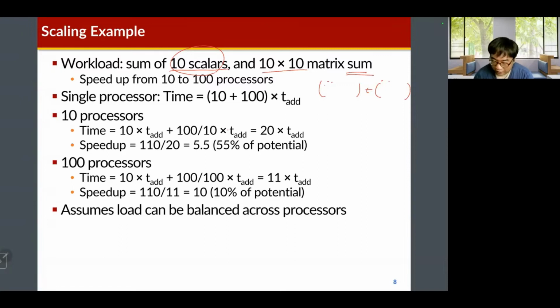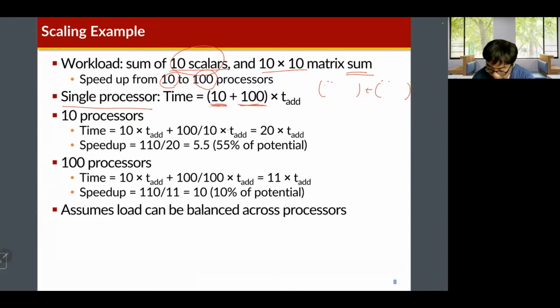Let's compare the speed up by 10 processors and 100 processors. For the single processor, the execution time is 10 scalar additions and 100, because each matrix has 100 elements, since we are adding 10 by 10 matrices.